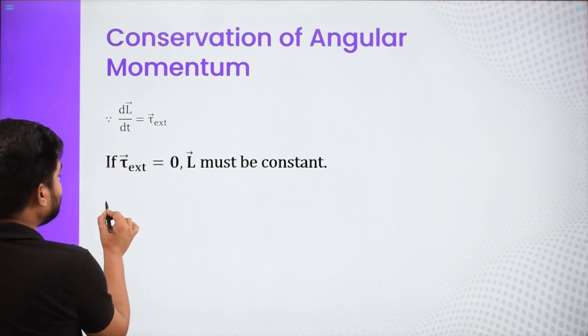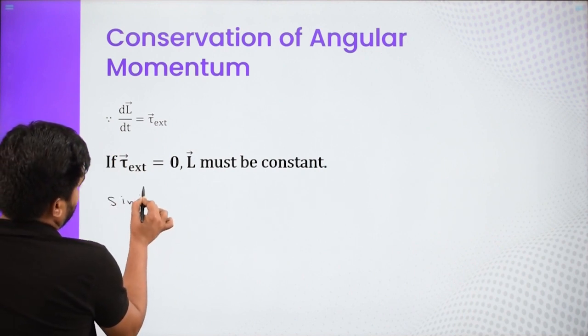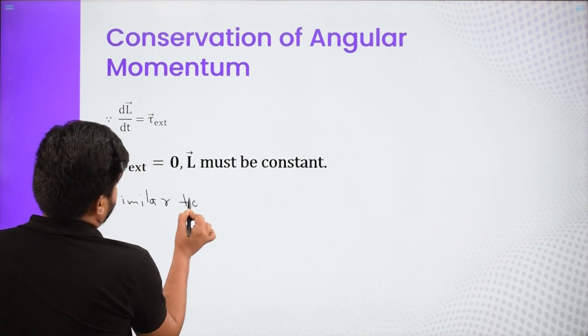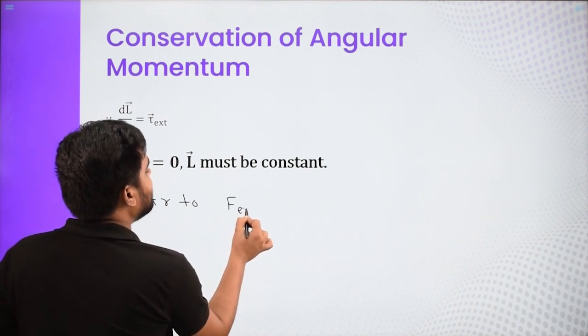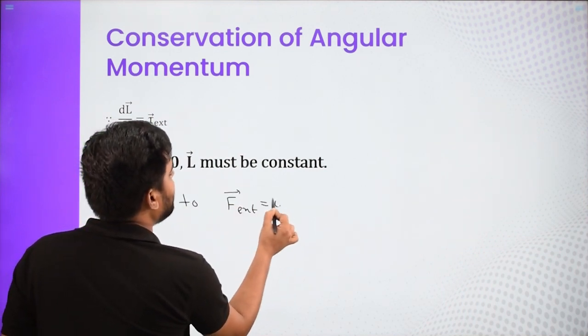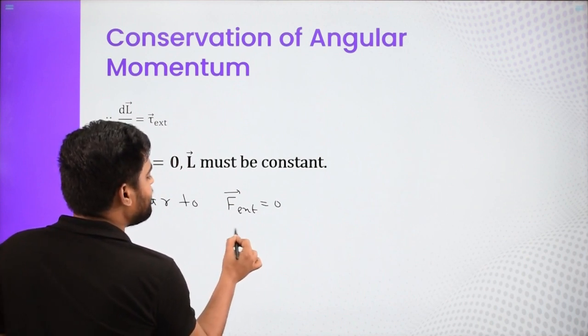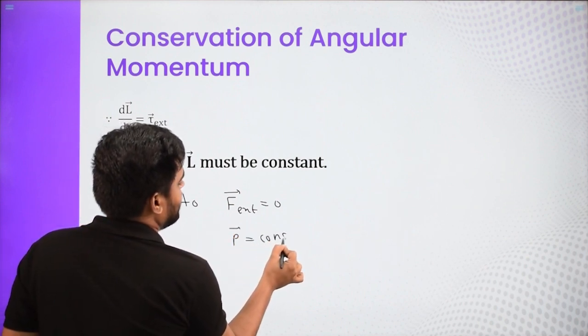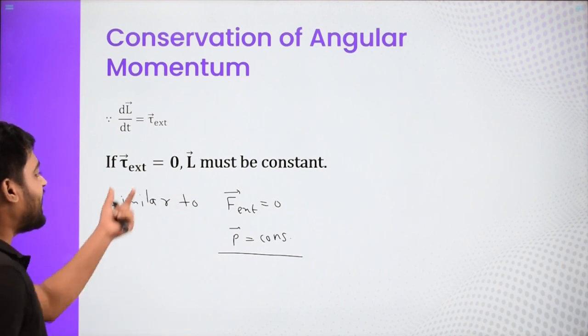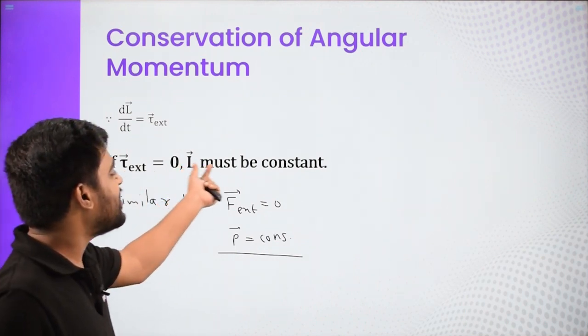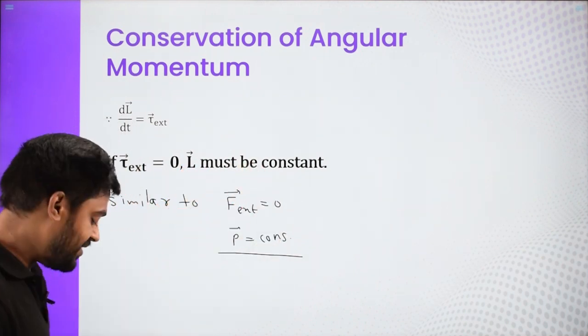It is similar to F external: if F external is 0, then the linear momentum P is a constant. Likewise, if external torque is 0, then angular momentum must be conserved.